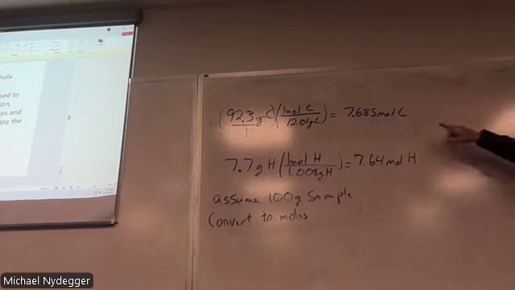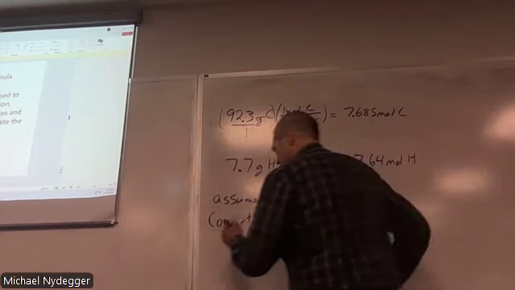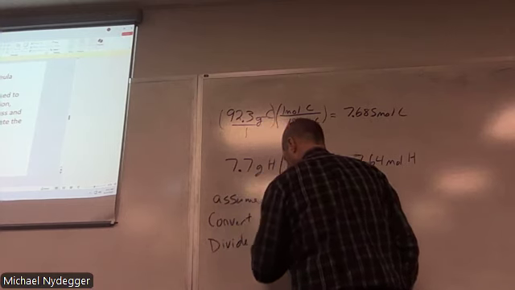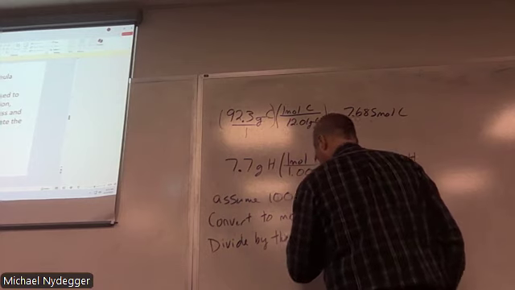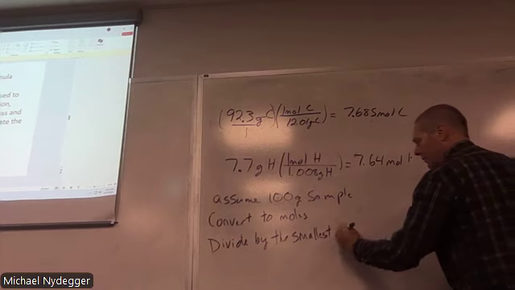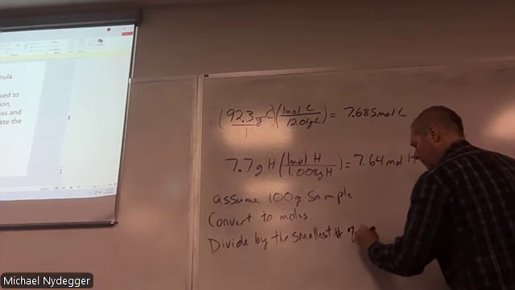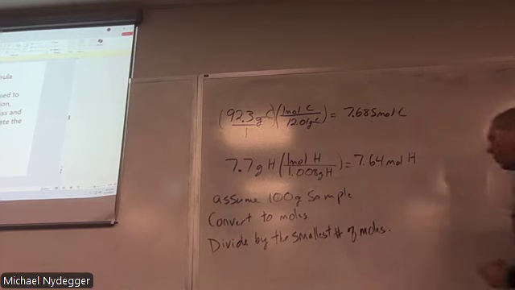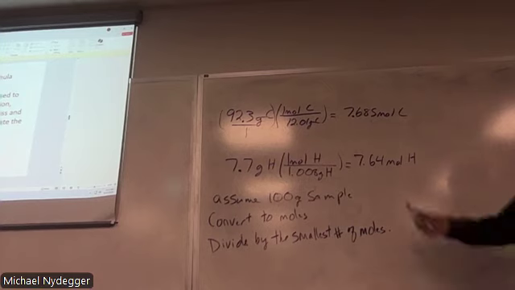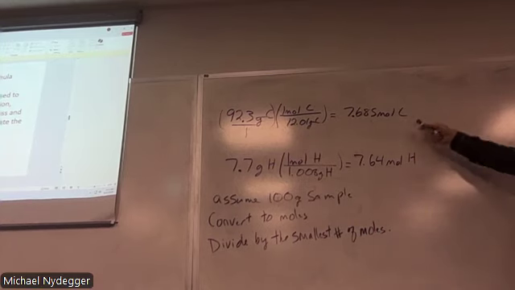Now the next thing I do is I divide by the smallest number of moles. What I'm basically doing is setting up a ratio between, in this case, carbon and hydrogen.